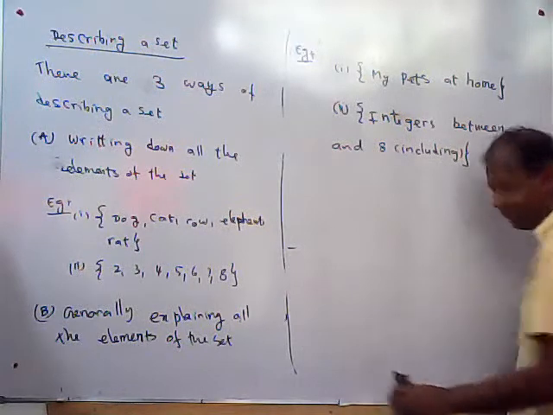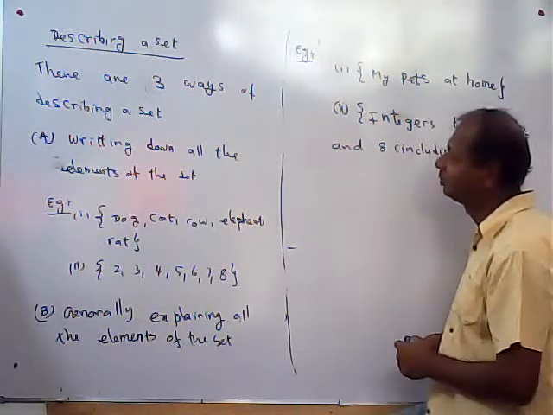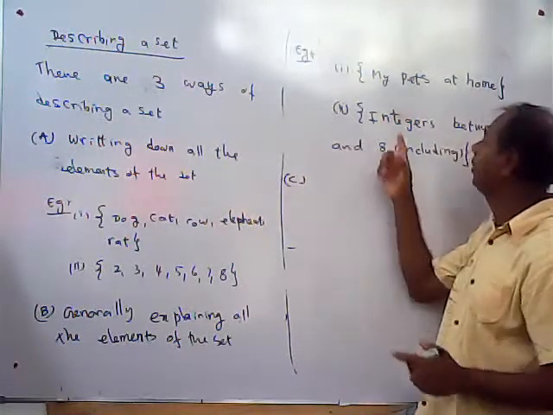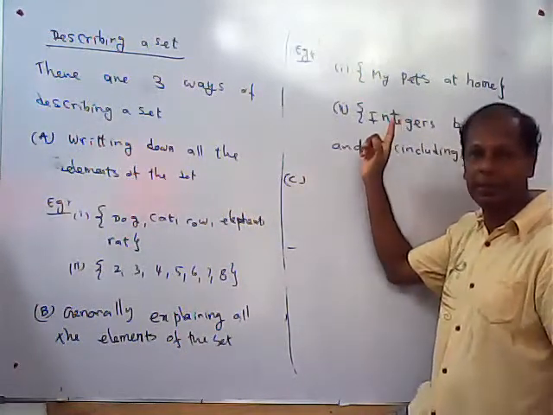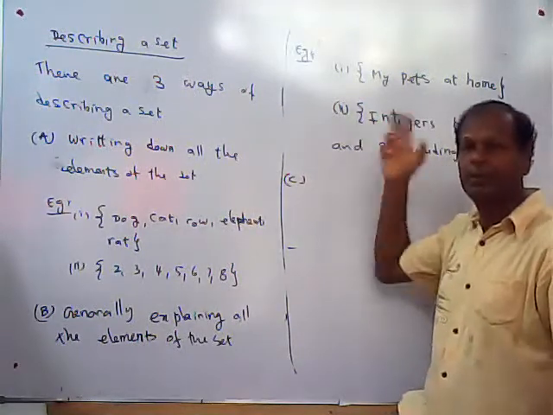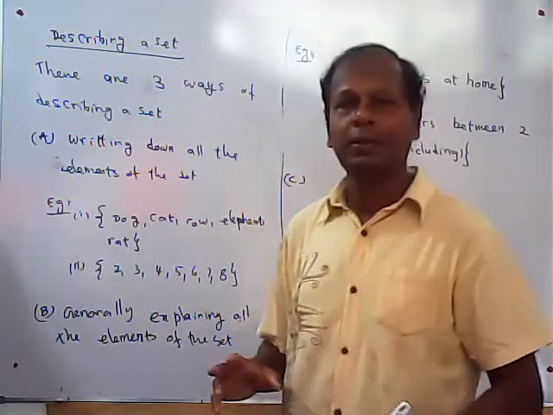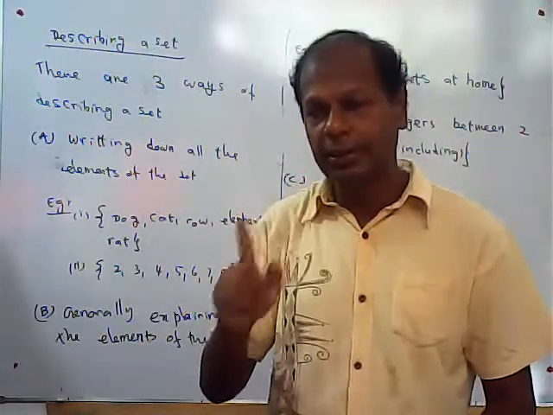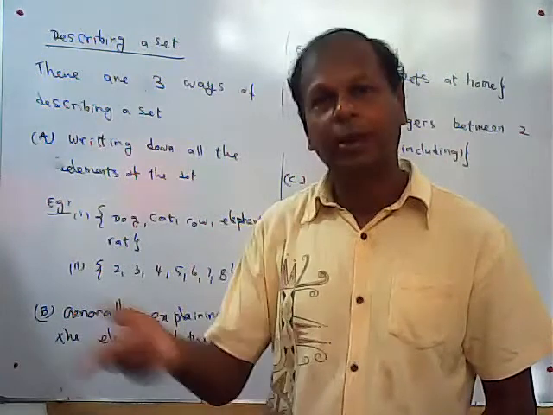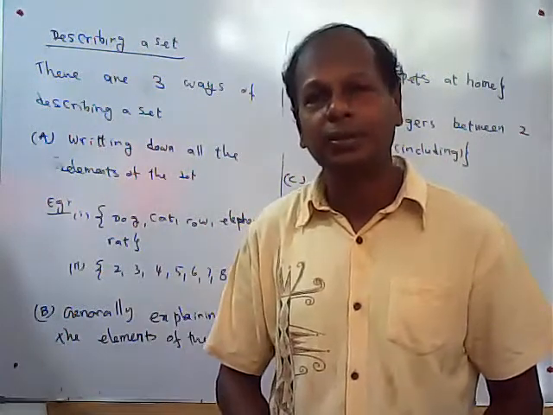Then the third method. Third method is here we describe all the elements, generally all the elements, right? The third method is explaining a single element, a general element, giving reason why it belongs to the set, right?